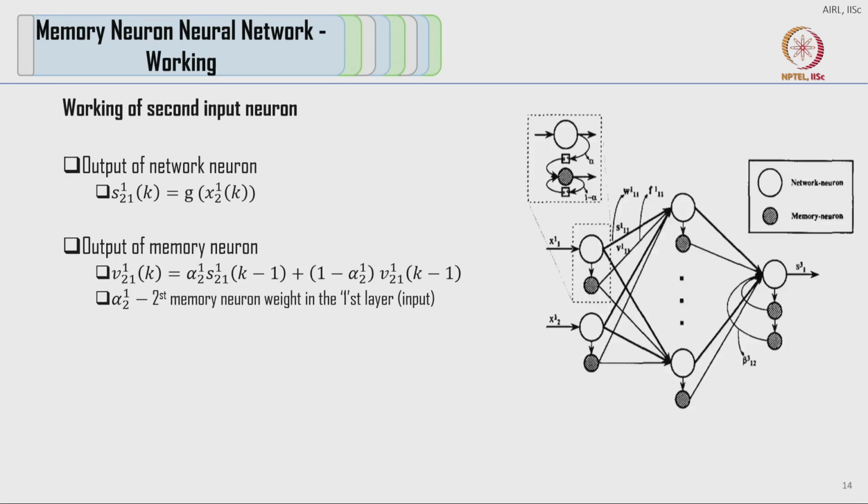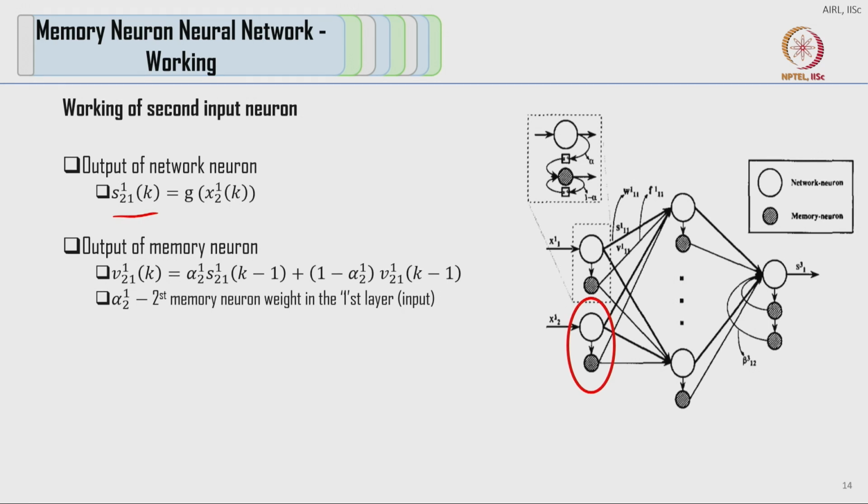Now, let us look at the second neuron, S21 of k. For simplicity I have taken a two input system so that you can appreciate it. S21, the second neuron in the first layer, gets an input of x21 of k, and this is the output of the network neuron.